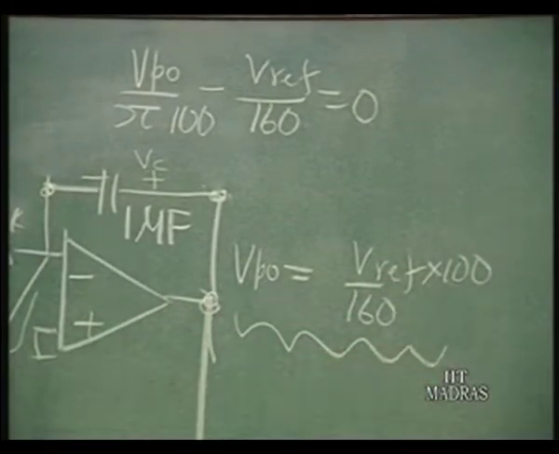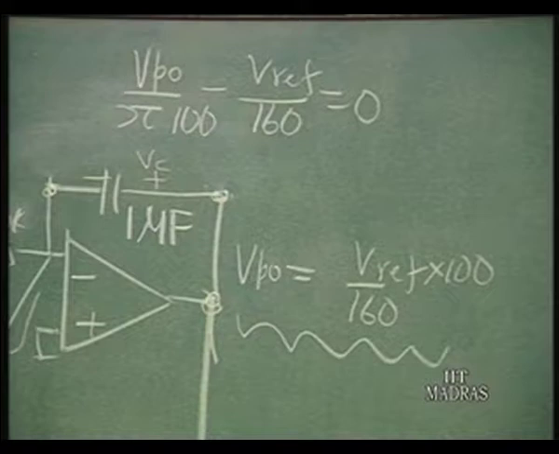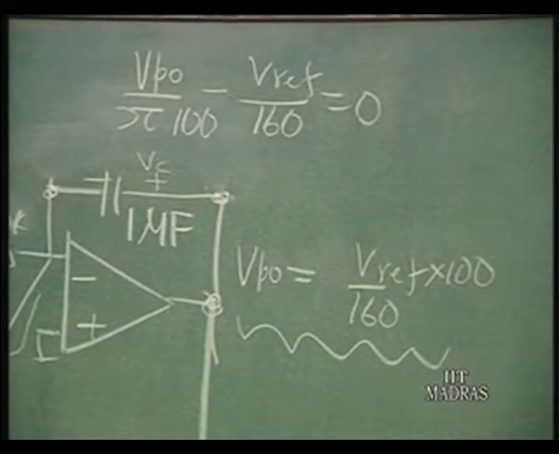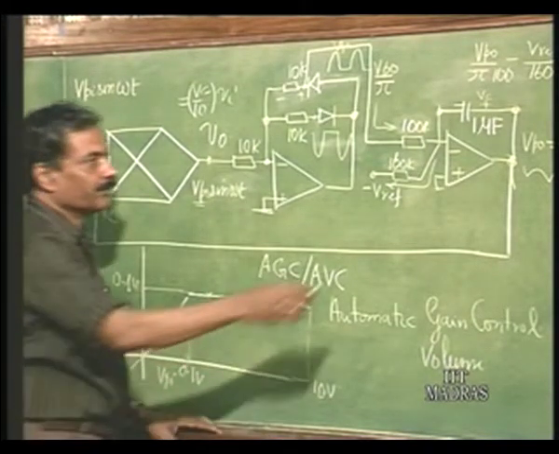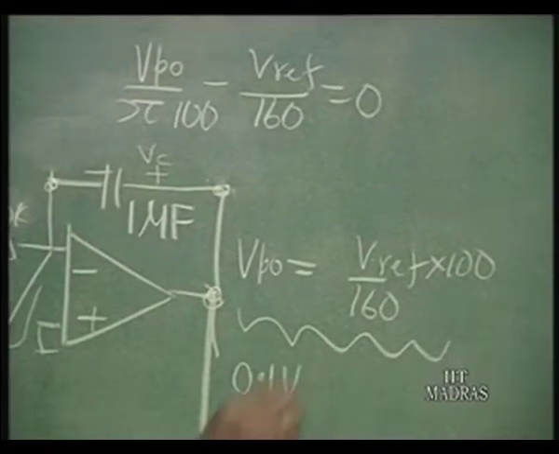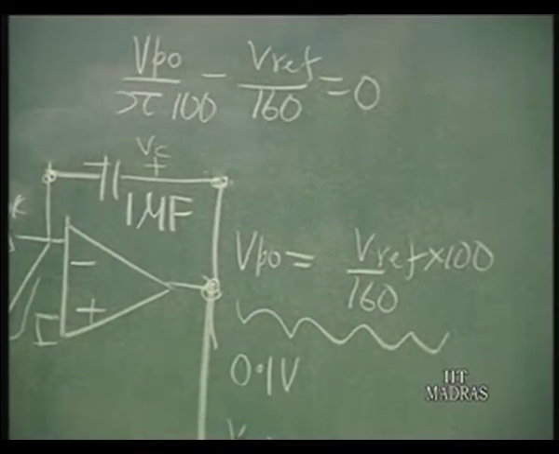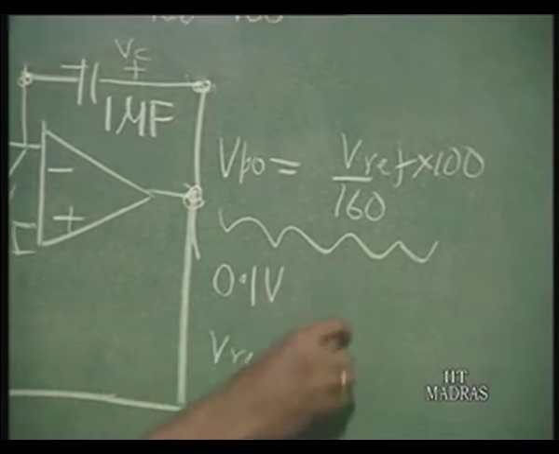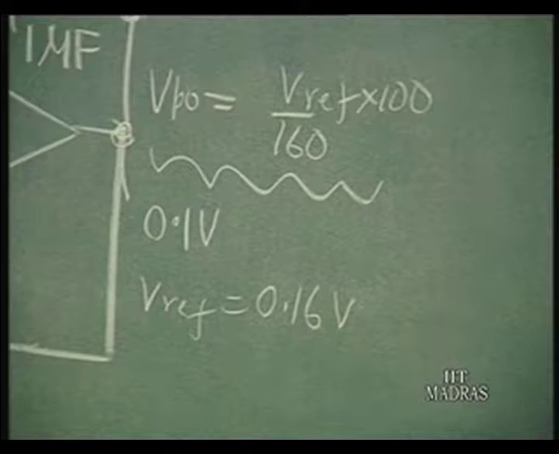So, this is the peak voltage at which it will remain constant. In the demonstration setup, we have made V P naught equal to 0.1 volt as it is depicted in this figure. V reference has been so chosen that this is 0.1 volt, which means actually speaking V reference required for this is going to be about 0.16 volts.